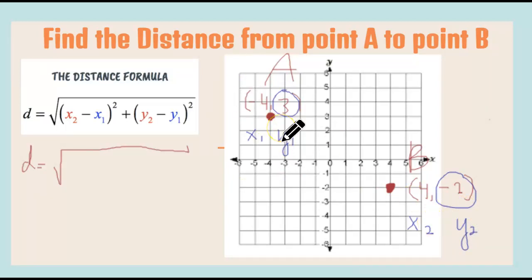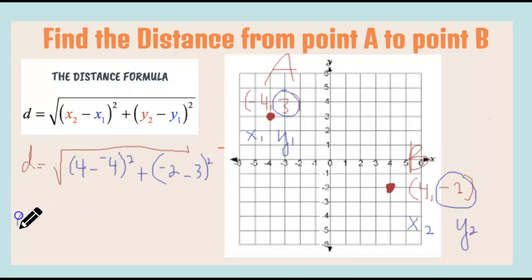Based on that, we just get the numbers that were represented. So x2 is 4, minus the first x, which is -4, and then square it. Plus the y coordinate y2, which is -2, minus the y coordinate of the first one, which is 3, and then square it.